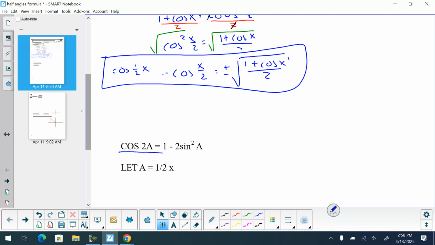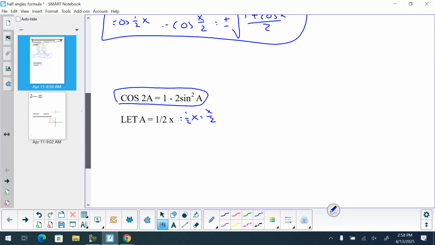Now we're going to take a look at the cosine of 2a equal to that other form of the double angle, 1 minus 2 sine squared of a. And we're going to let a, once again, equal this 1/2 x, or x over 2. And we're going to make the same substitutions we just did.